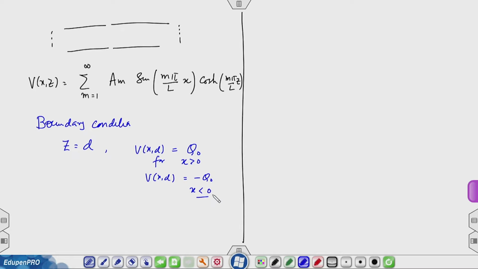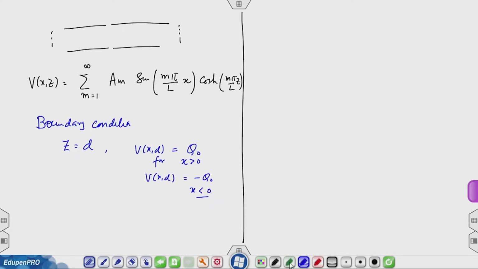I will just consider x greater than 0 side, because this minus and plus signs I have already taken care of by choosing sine. If I had chosen cos also in the solution by this plus and minus thing, I would have eliminated the coefficient for that term, that is, that coefficient would have come out to be 0.